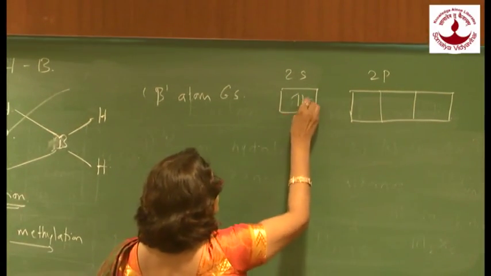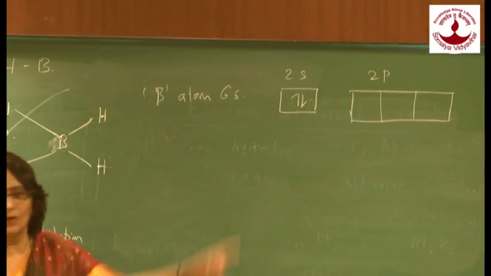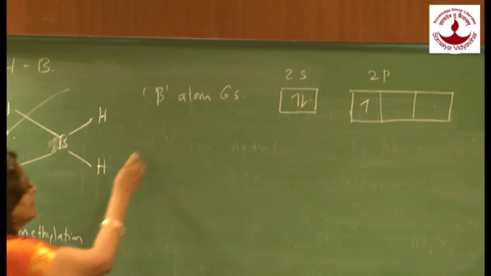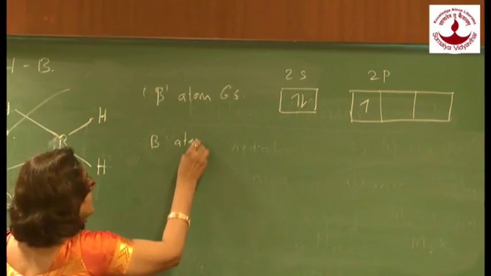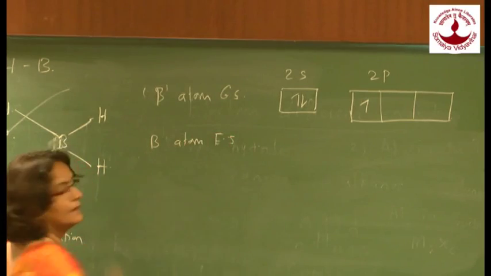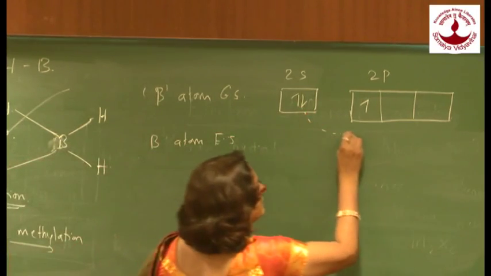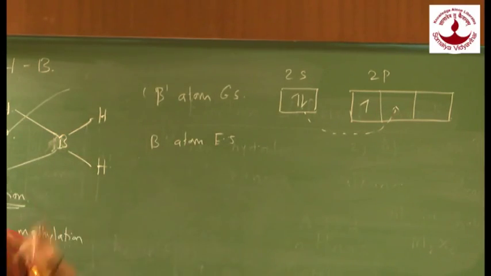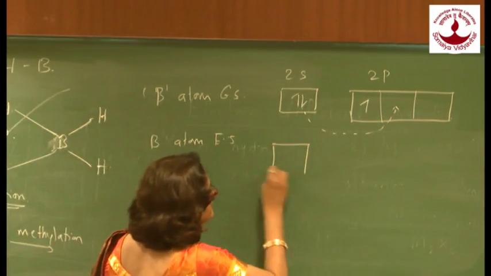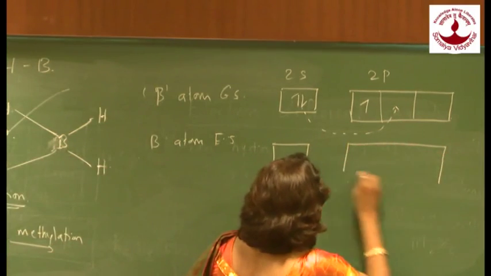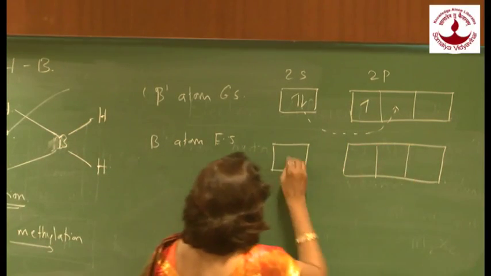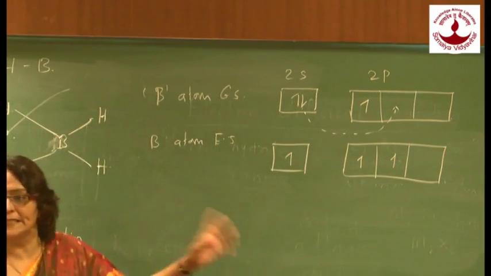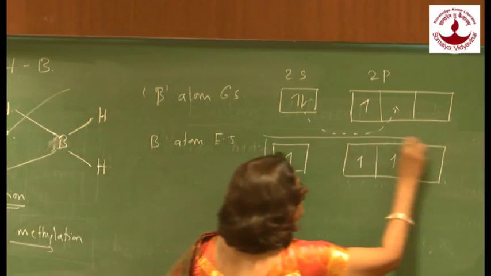So what is the valence electronic configuration? It is 2s2 2p1. Okay, so we will show it like this. Now in the excited state, one of these electrons is excited to a higher p energy level, and then we have sp3 hybridization.